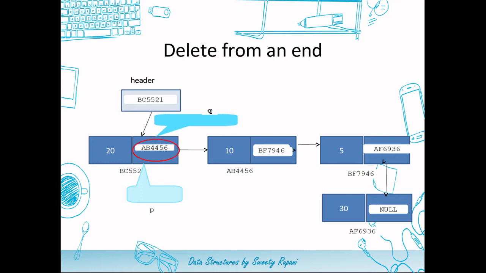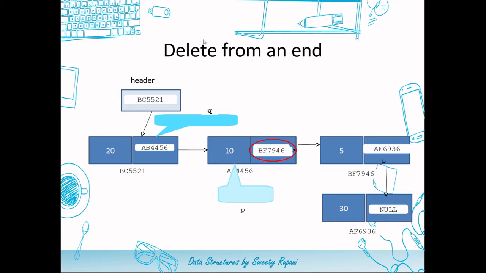Every time P moves ahead, P checks the address field. If it is a valid address field, not null, P gets incremented to point to the next node. In the first iteration, Q remains there only. In other cases, Q will follow P. So every time P points to a node, Q will point to its previous node.